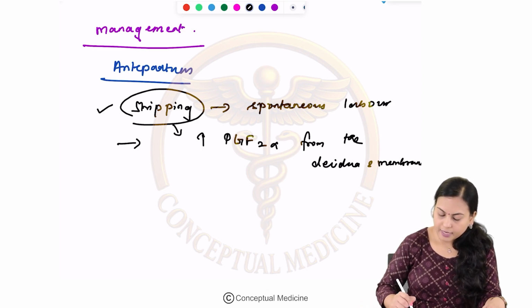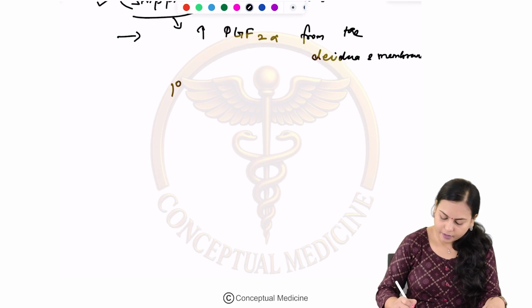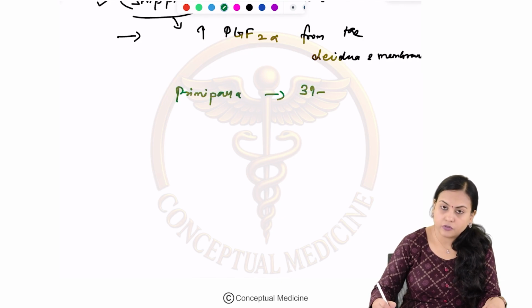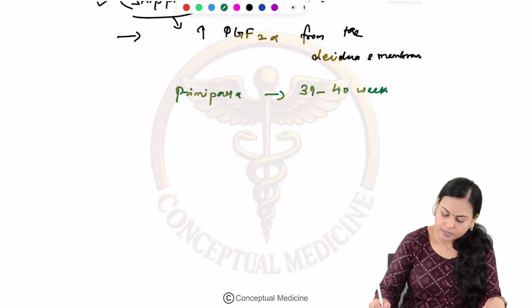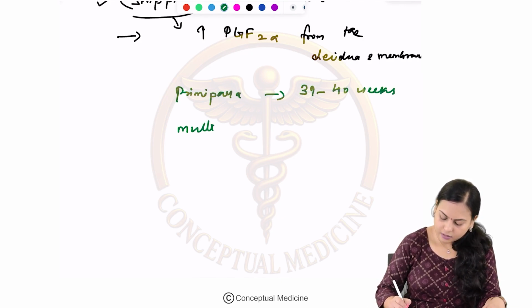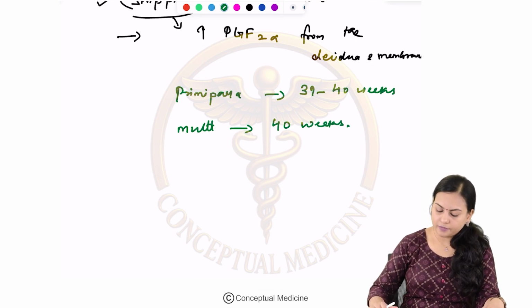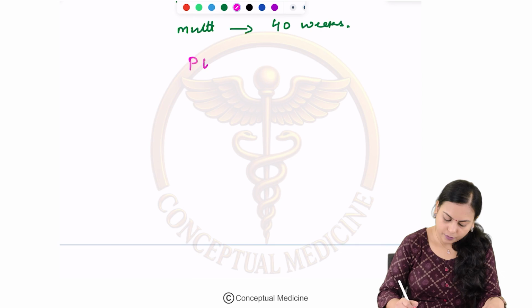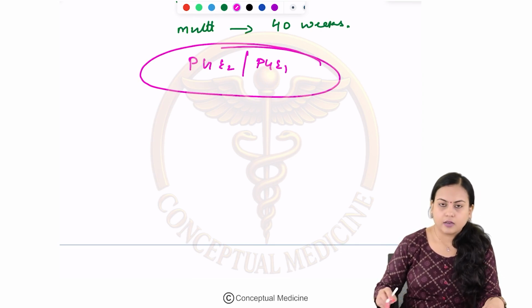So, stripping can be ideally done in a primipara around 39 to 40 weeks and in a multipara around 40 weeks of gestational age. Okay? And after stripping, there can be further induction of labor with prostaglandin E2 or prostaglandin E1 gel.